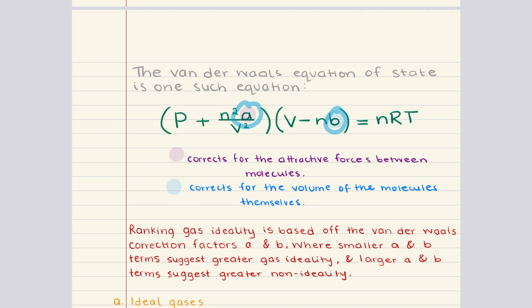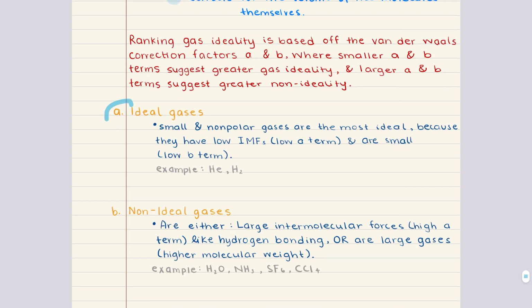Now, some gases behave more ideally than others, and we can rank them based on how strongly they deviate from ideal behavior using the A and B correction factors in the van der Waals equation. So generally speaking, gases that tend to behave more ideally are gases that are small in size, and they are nonpolar, and they do not attract or repel each other.